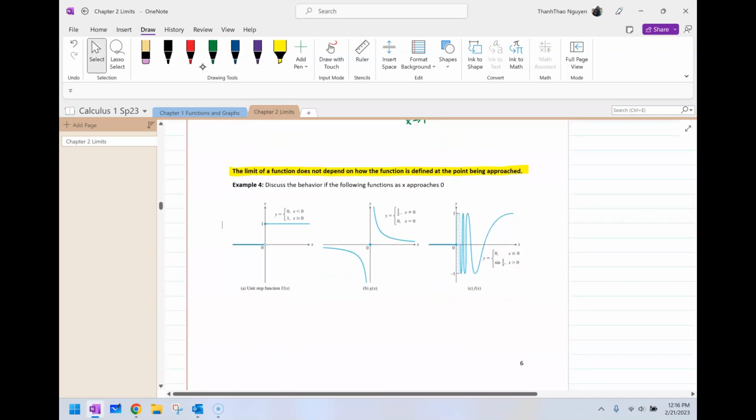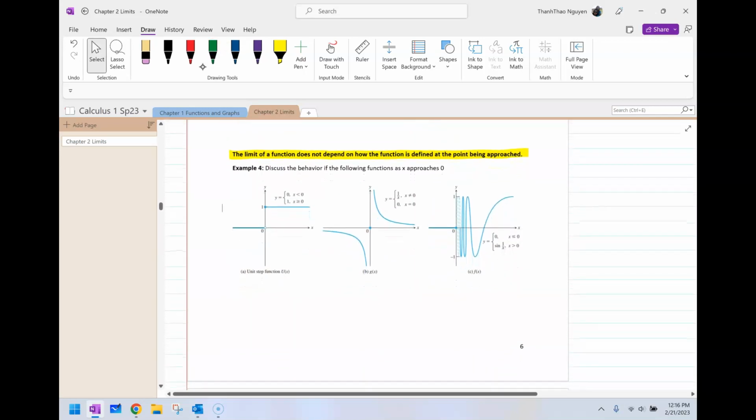Discuss the behavior of the function as x approaches 0.